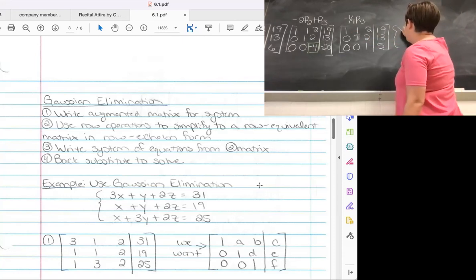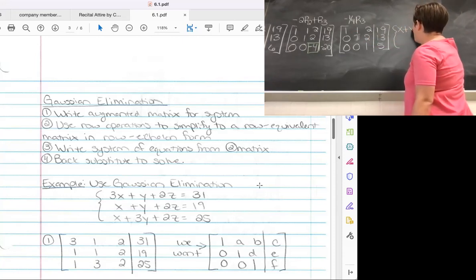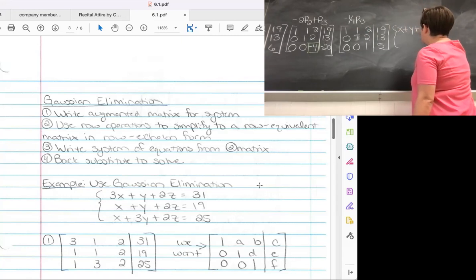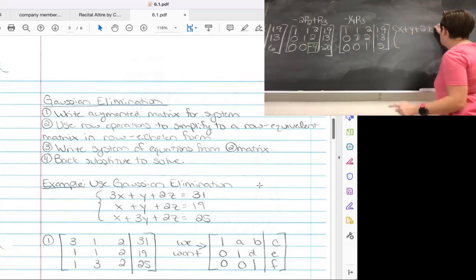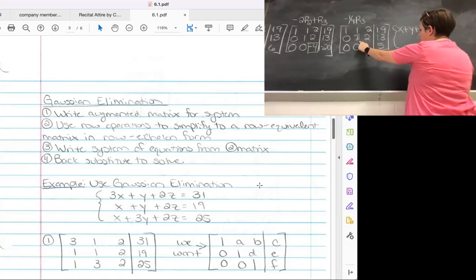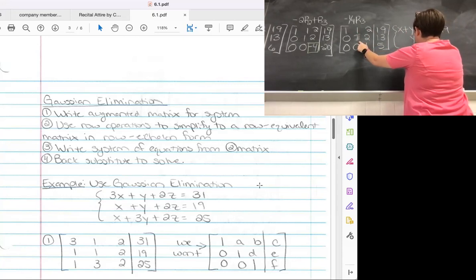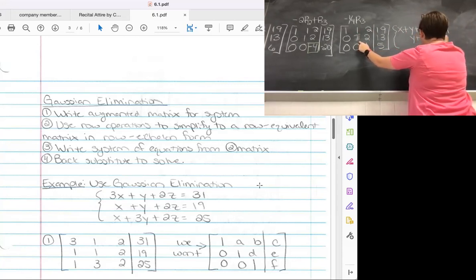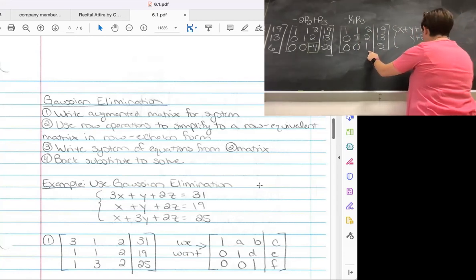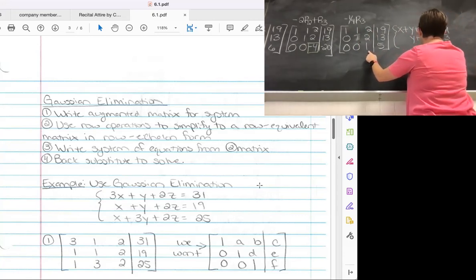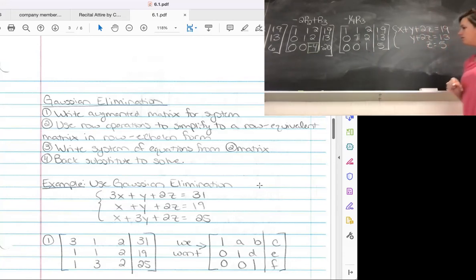We have x plus y plus 2z equals 19. Equation number 2, we have y plus 2z equals 13. And the bottom equation says we have z equals 5.